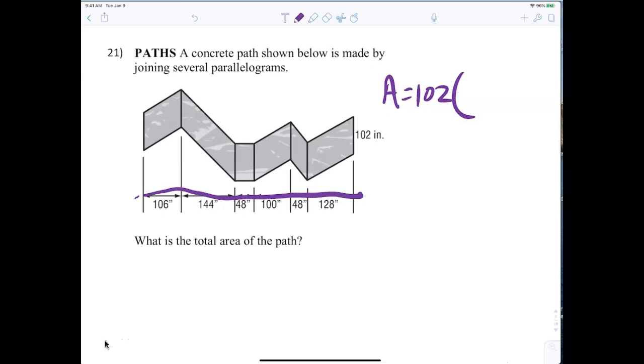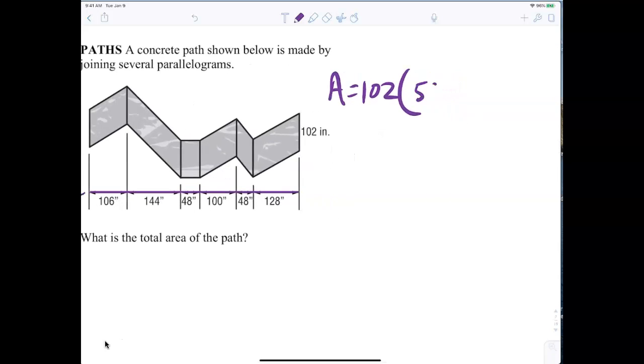Somebody add up that length real quick. How much is it? 574. So the area was what, guys? 58,548 inches square. All right. Any issues? Everybody okay with that?